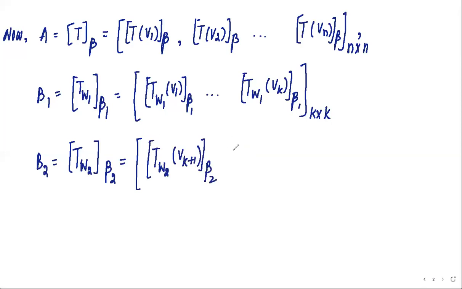Then similarly the second column and third column, and the last column is T_W2(vn) relative to the basis beta 2. And in fact, this is a matrix of order n minus k cross n minus k.